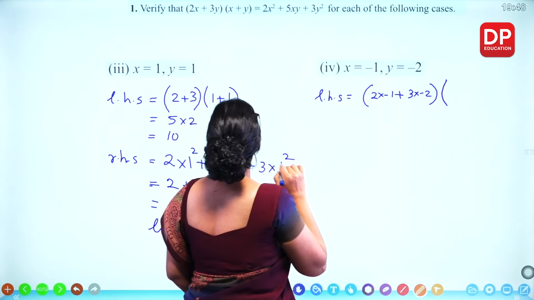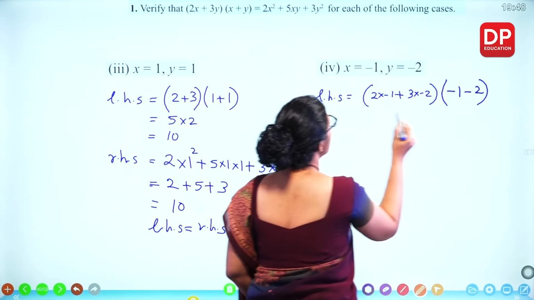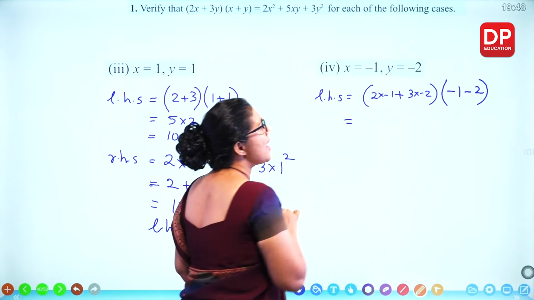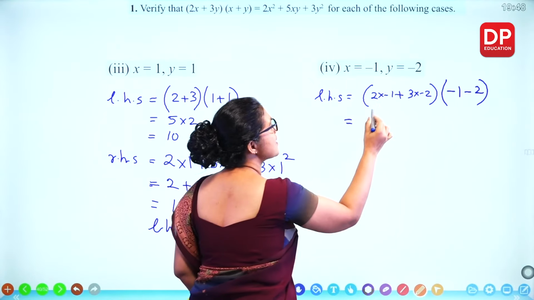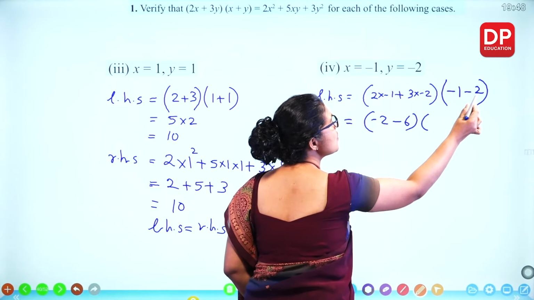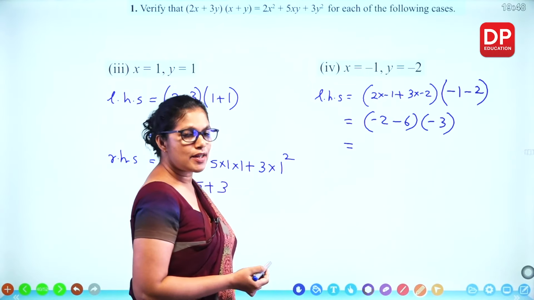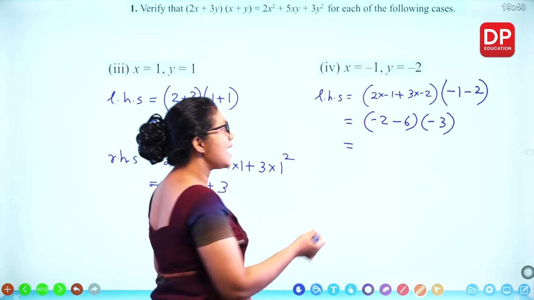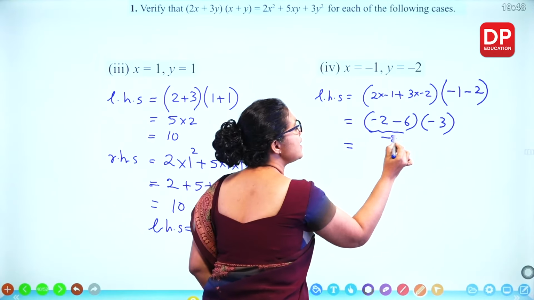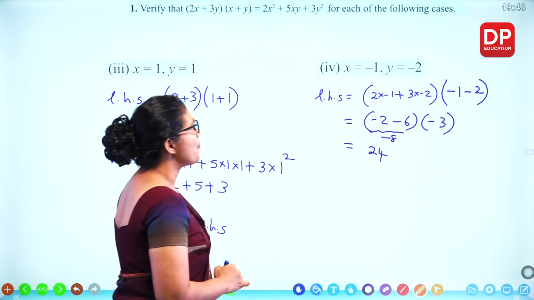So x is minus 1, so you get minus 1 and minus 2. When you simplify, you get minus 2 and minus 6. Minus 2 minus 6, into minus 1 and minus 2 becomes minus 3. So what's the answer? Minus 2 and minus 6 becomes minus 8. Minus 8 and minus 3 becomes plus 24.